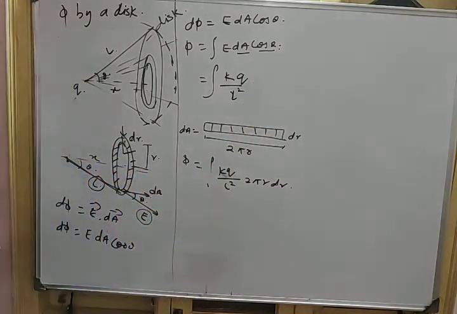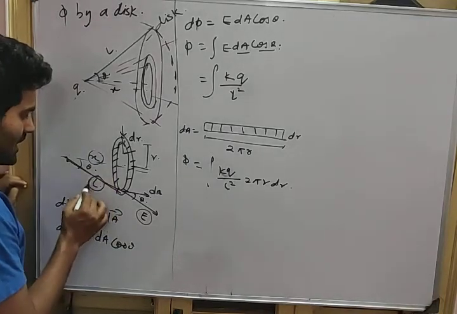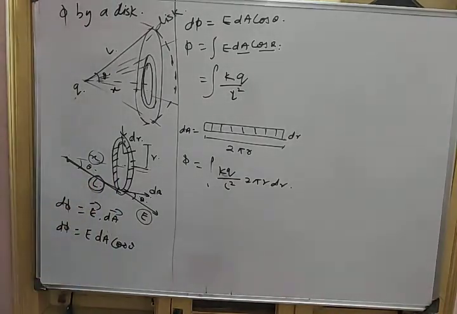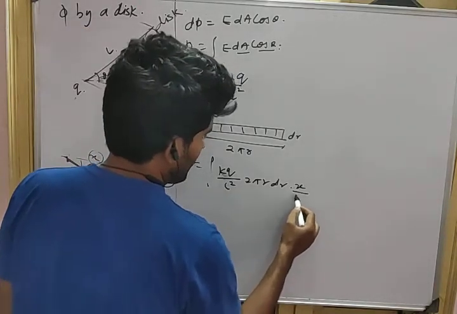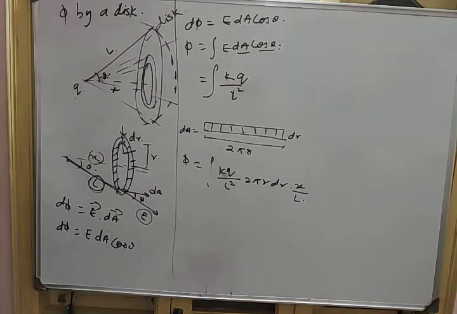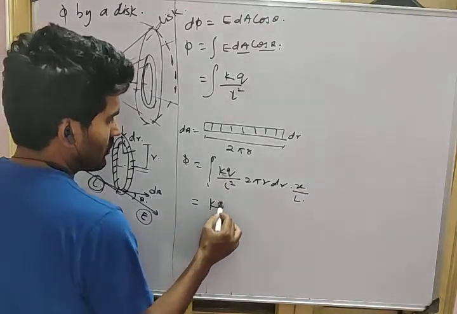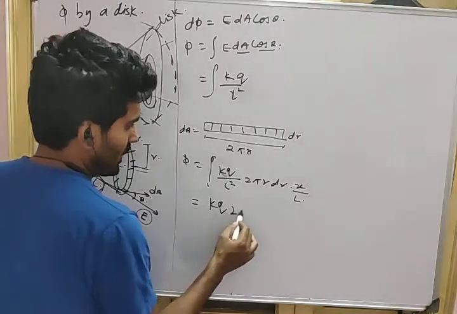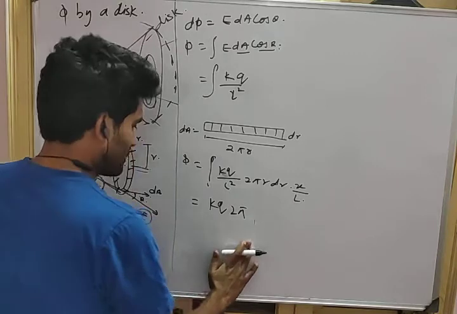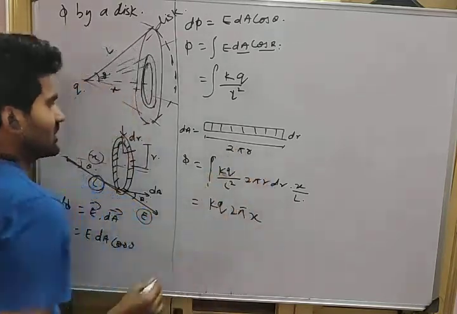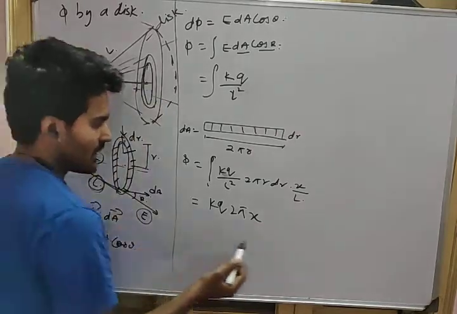If you see carefully, it is x by L. So now k will come out, Q and 2 pi will come out, and x also comes out, because we know that x is constant here. x is the distance here.